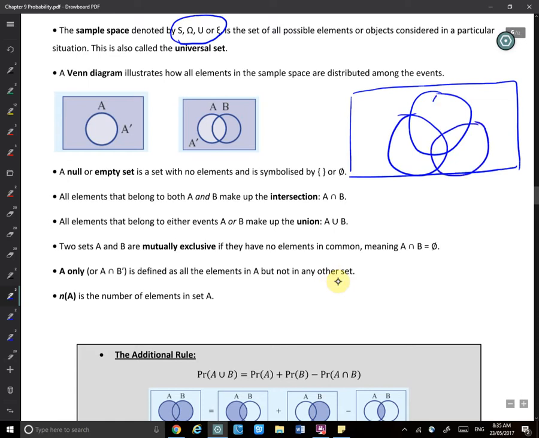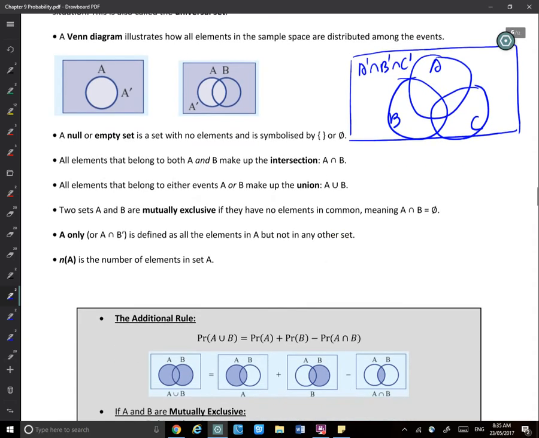There are 3 events and they have intersections between each other and a common part in the middle, which is the intersection of all of them. And we have this outside, which is not A, not B, and not C. So you have A dash intersects B dash intersects C dash. We are not going to talk about the 3 circle situation too much. Just focus on the 2 circle one.